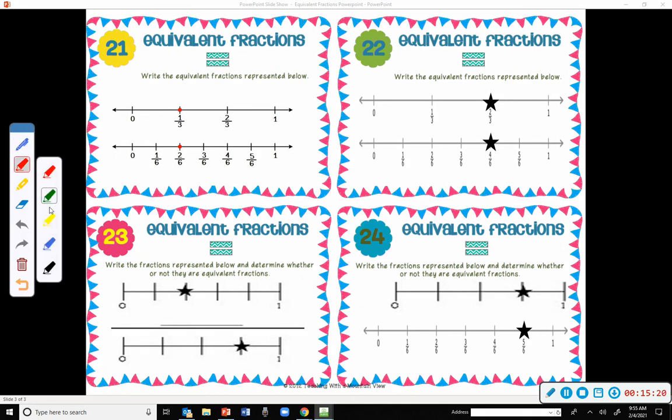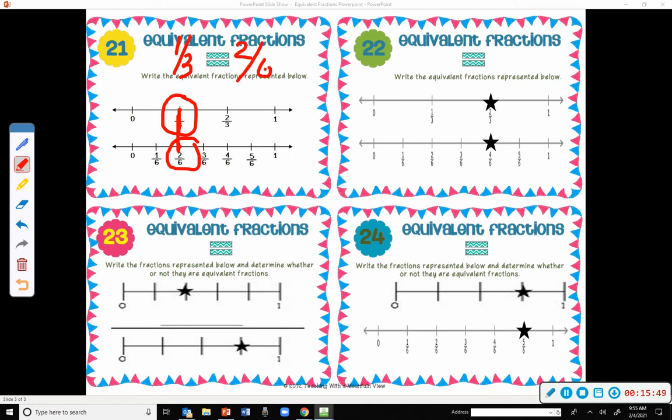I see my dot is at 1/3, right? And I take my pencil and I follow it down. Do these line up? Yes. 1/3 and 2/6? Yes, so that tells me they're equivalent. 1/3 is equal to 2/6.